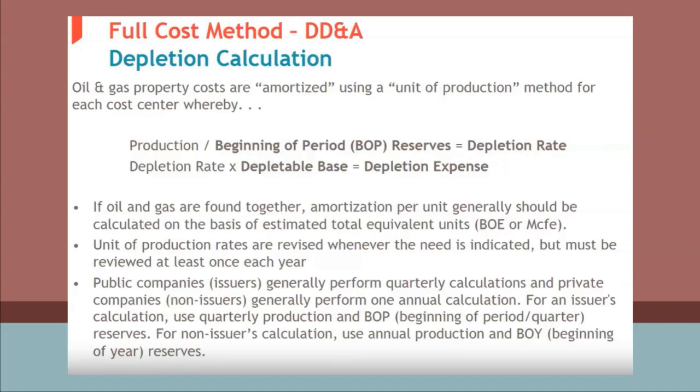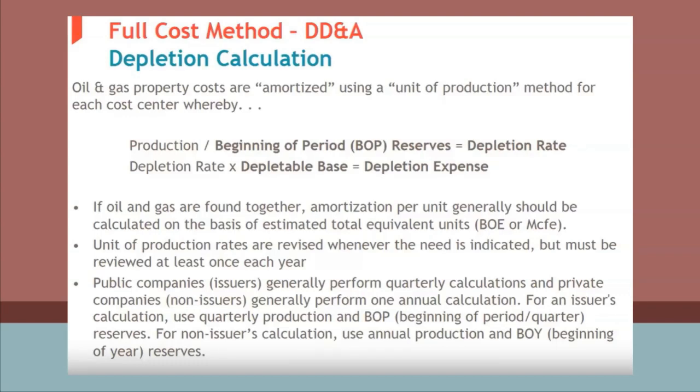Public companies or issuers generally perform quarterly calculations. So issuers are performing these quarterly, and private companies, non-issuers, are performing one annual calculation. So private companies only have to do it once a year, but they can do it quarterly if they want to. Public companies have to do it quarterly, however.